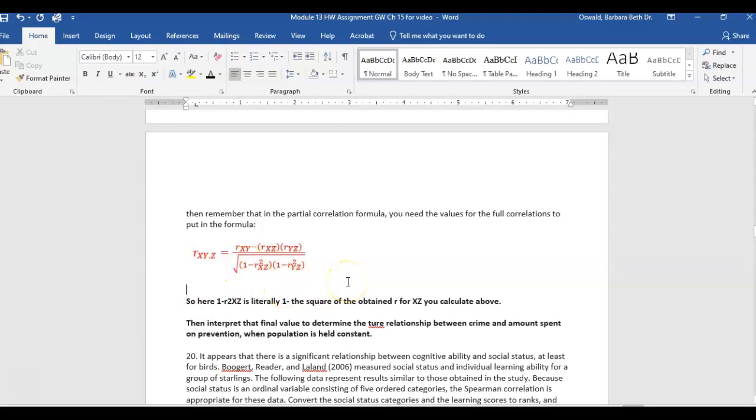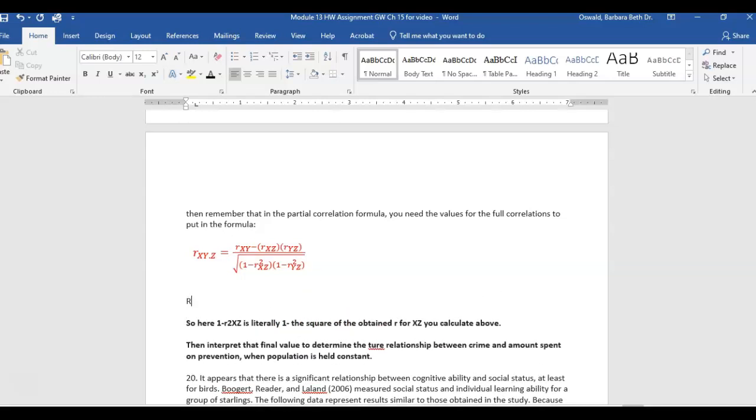So for example, let's just say my r squared xz was 0.49. So then the value that I'm going to put in there is going to be 1 minus 0.49 squared, and I will superscript that so that it's more obvious to you.